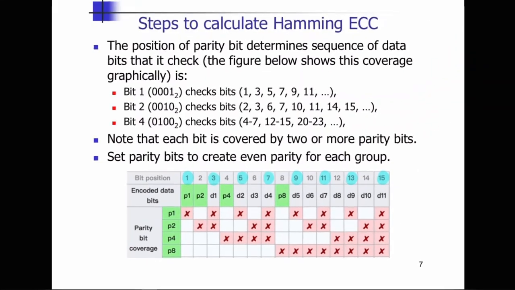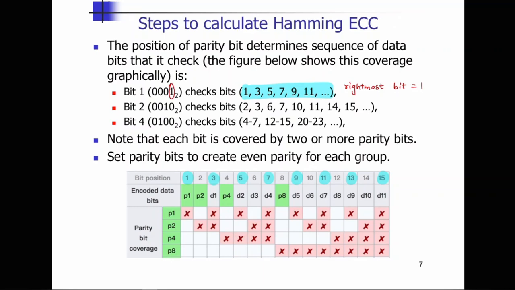Well, what is unique to only those bits, those are the odd number of bits, is that the rightmost bit is 1 for those bit positions. So 1 is 1, 3 is 11, 5 is 101, 7 is 111, and if you go down that list, the rightmost bit is 1 for all those locations.